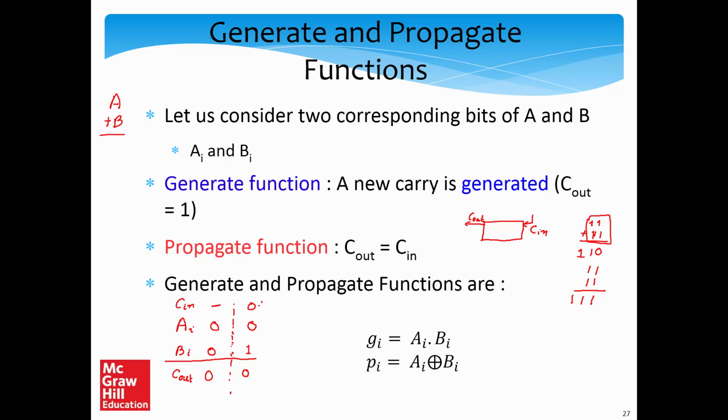But if the input carry is 1, then we are adding 1 plus 0 plus 1, which is 1 0, right? So the output carry is 1. So what we can clearly see is that the output carry is the same as the input carry. Now let's consider one more example. In this case, let ai be 1, let bi be 0.